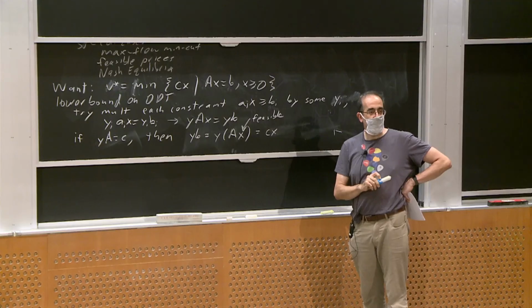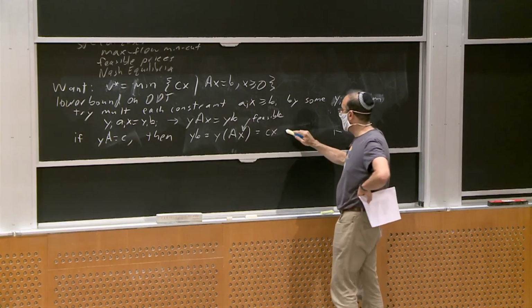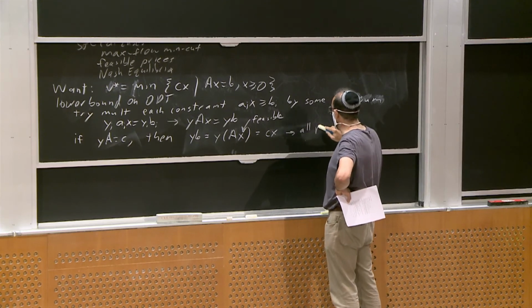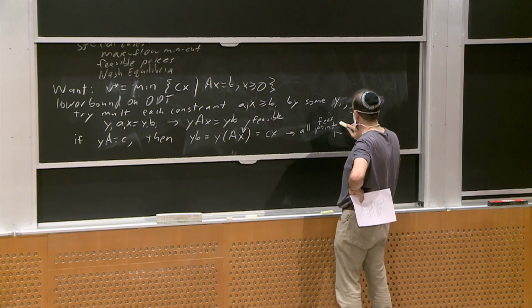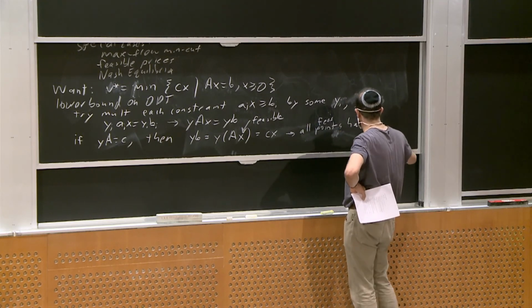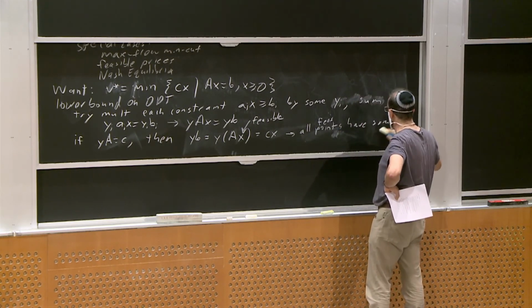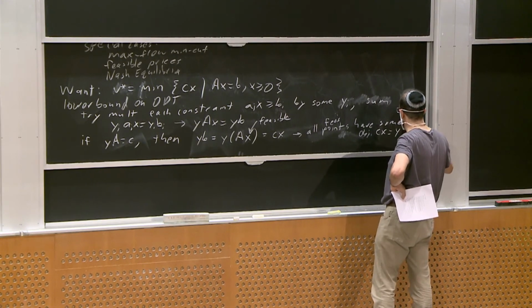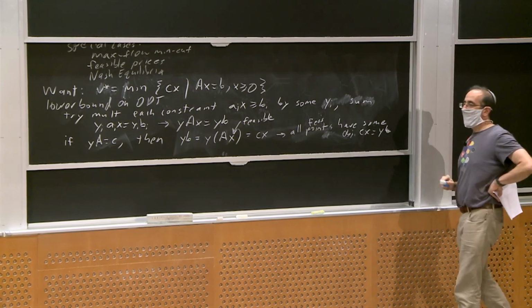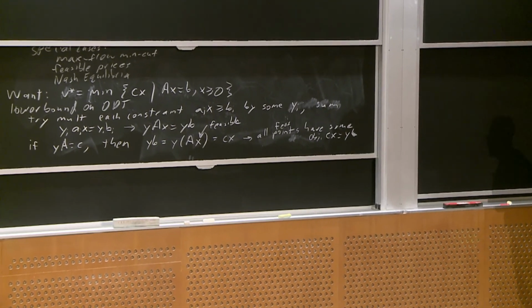Right. It means that all points, all feasible points, have the same objective cx, which will be equal to yb. In other words, every single point will be optimal.